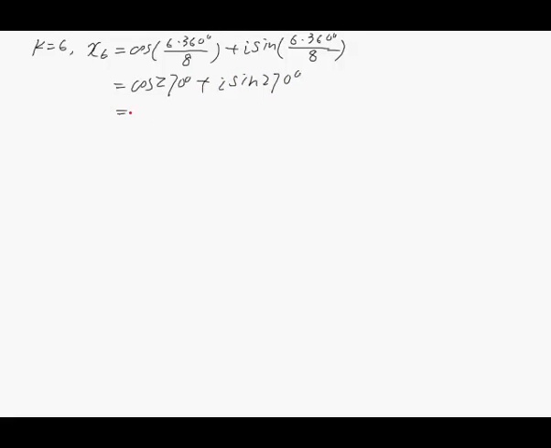So cosine of 270 degrees is equal to 0, and sine of 270 degrees is equal to -1. So we get -i.